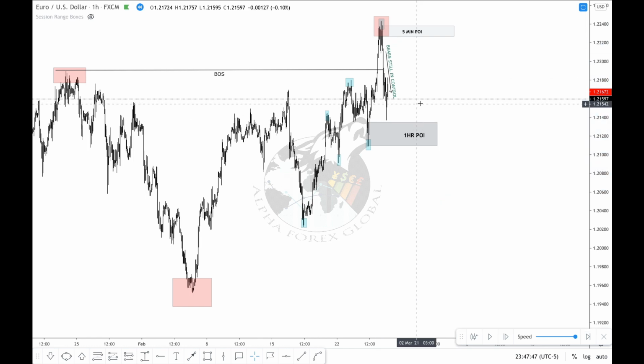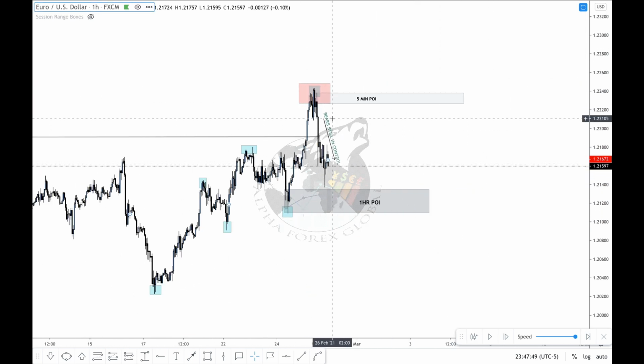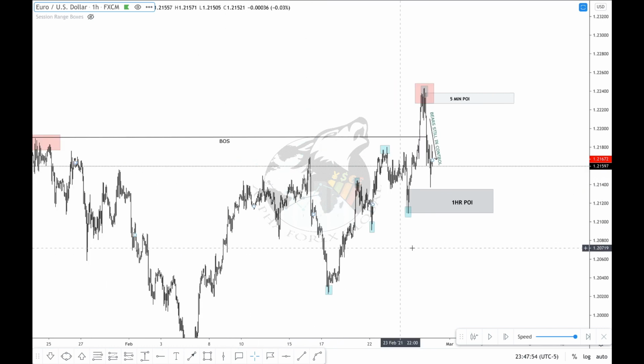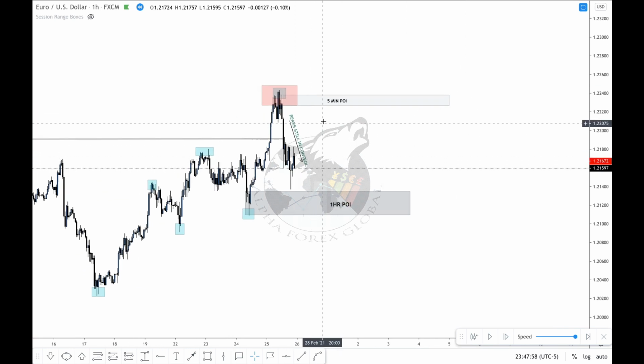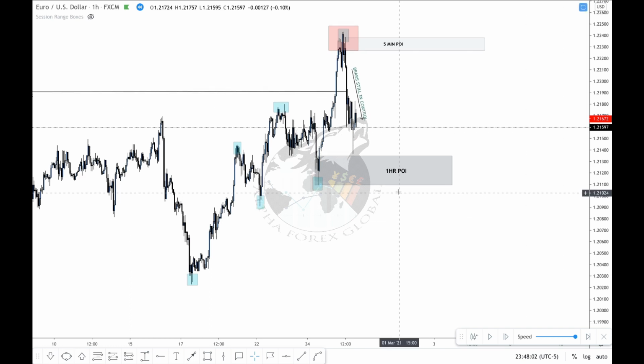Now I saw this valid POI that we didn't test here, so I was figuring the market maybe pushed to the 50% of this leg, then retested this 5-minute POI and then pushed to the downside, right? But let's see what happens though.